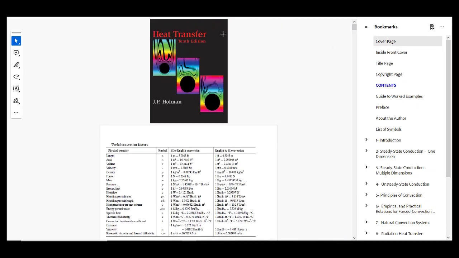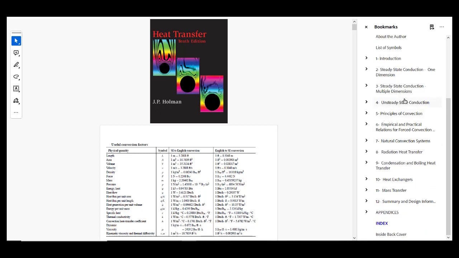This is Heat Transfer, 10th edition, by Professor J.P. Holman. The first chapter is the introduction, the second and third are about conduction. Chapter 4 is about unsteady or transient conduction.